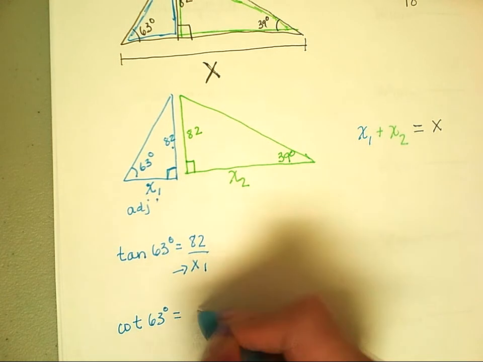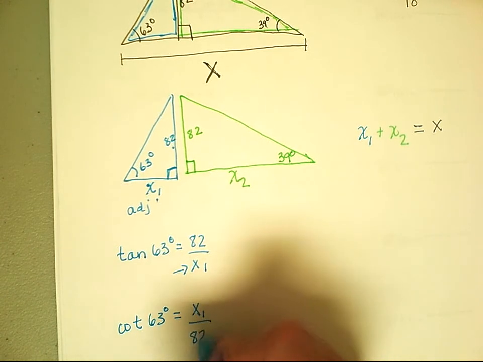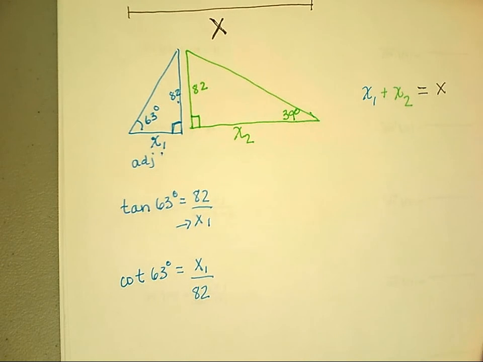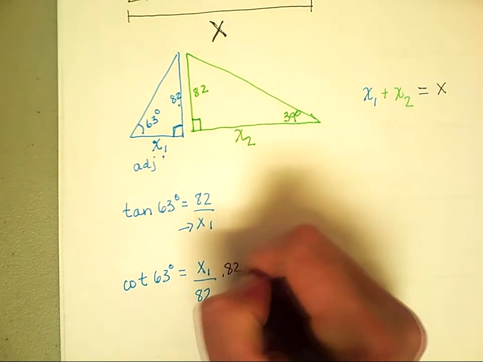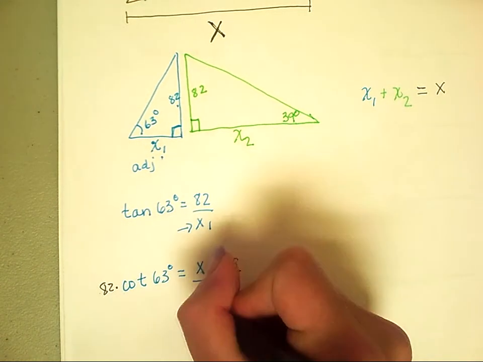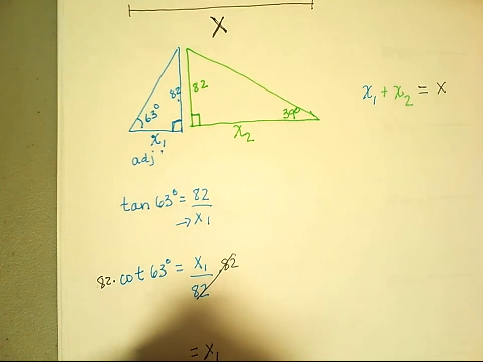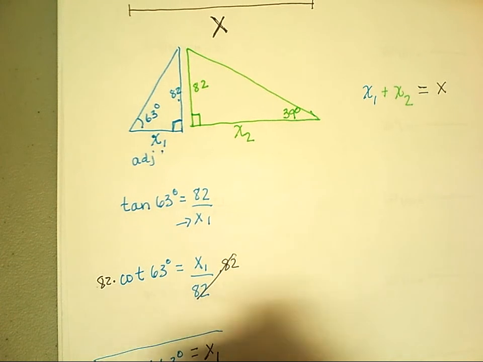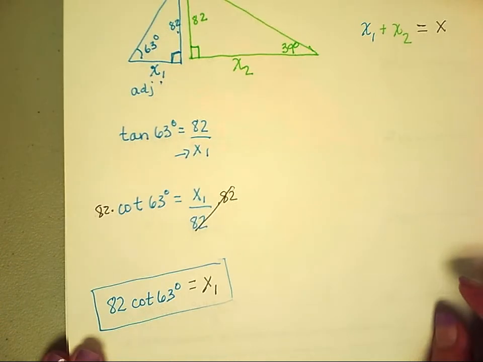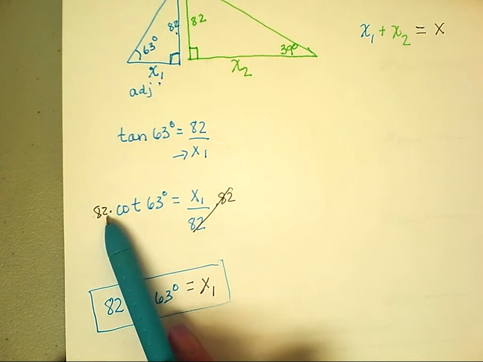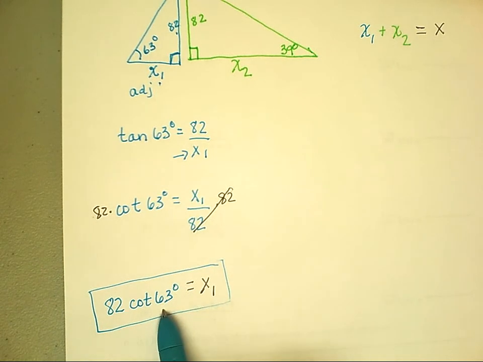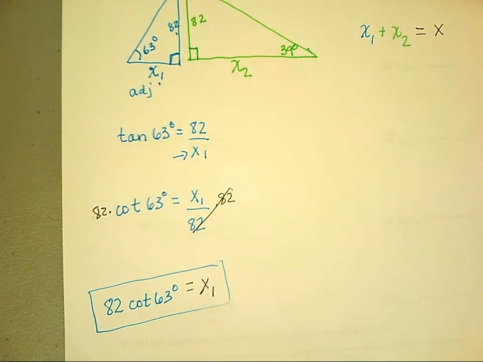The cotangent of 63 degrees is the reciprocal, which is x1 over 82. And what makes that nice is if we multiply both sides by 82, these will cancel. So we have x1 is equal to 82 times the cotangent of 63 degrees. Okay, that's fine.